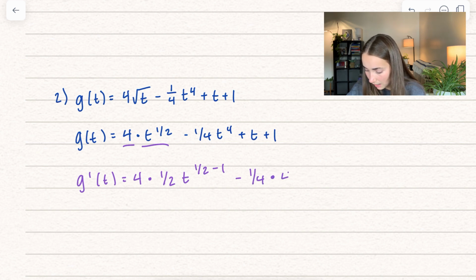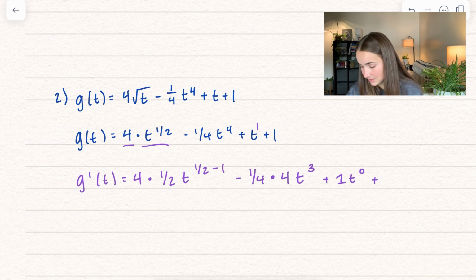I bring down the power of 4, and then I subtract 1 from the power. I'm just going to go straight to writing 3. Plus, and so now remember, if there's no exponent, there's a secret exponent of 1. I'm going to bring that 1 down, t to the 1 minus 1, which is equal to 0. And remember, the derivative of any constant, so this plus 1, goes to 0.